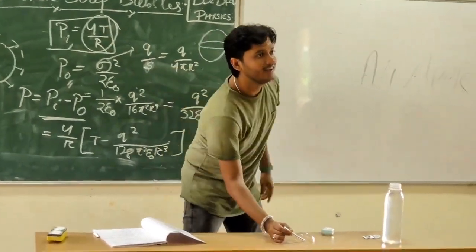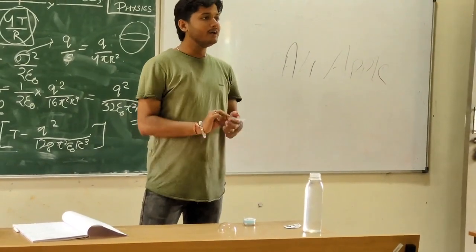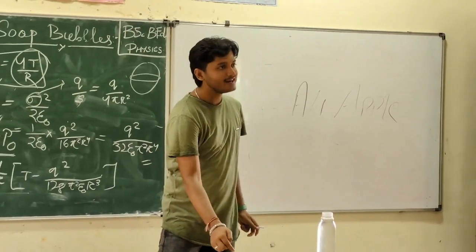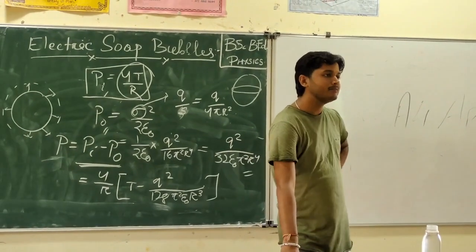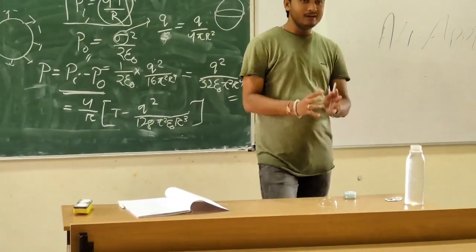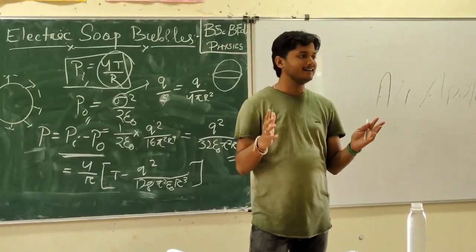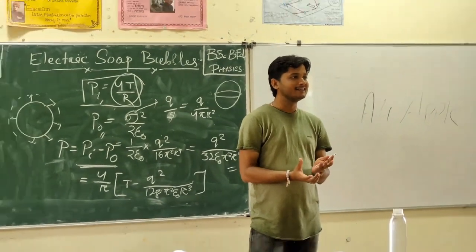So this will decrease. But here we study the electric soap bubble. When we insert a charge inside the soap bubble, what will the bubble do? The bubble expands. That is the concept.